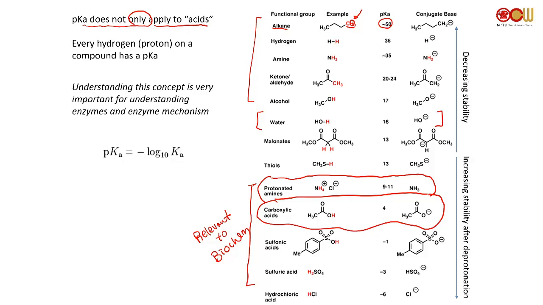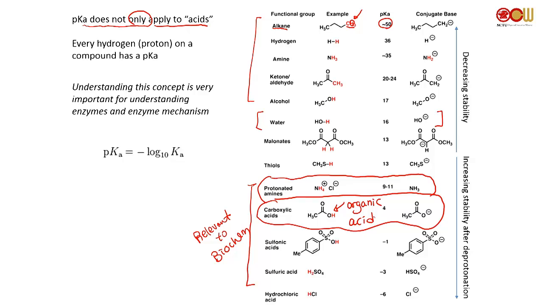Those two we will really always see because they're found on amino acids. They're found in various organic acids. This guy right here is an organic acid. Carboxylic acids are, generally speaking, organic acids. Those are the ones that we're really going to look at.